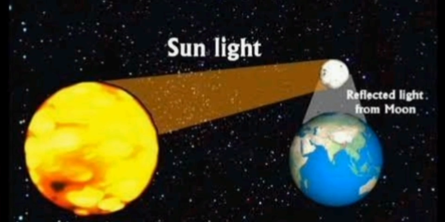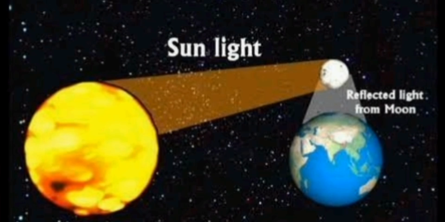There are other objects that don't emit light, don't produce light, but they seem glowy. How can these objects seem glowy? They reflect the light falling on them. Like what?